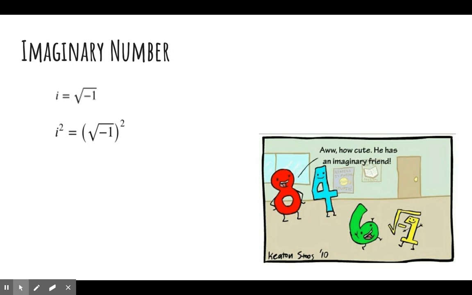Squaring and square root cancel one another out. They're opposite operations. So we're left with i squared equals -1. So it is good to know that i equals the square root of -1 and i squared equals -1.